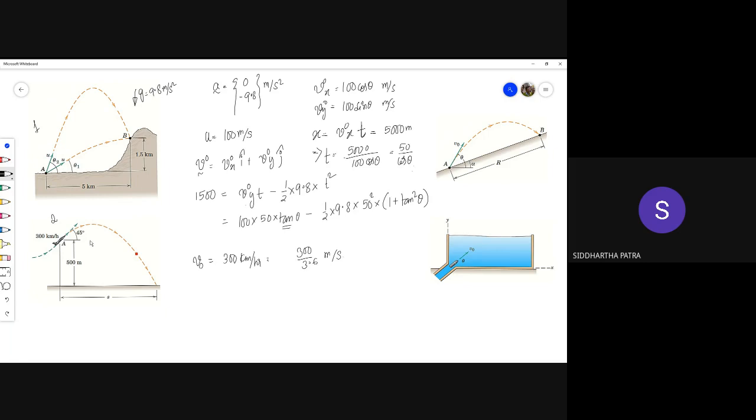Now when the aeroplane released the package, it was at a height of 500 meter. So if the package has to reach ground, it has to fall by 500 meters. And the question is, how much distance does the package travel in the horizontal direction?